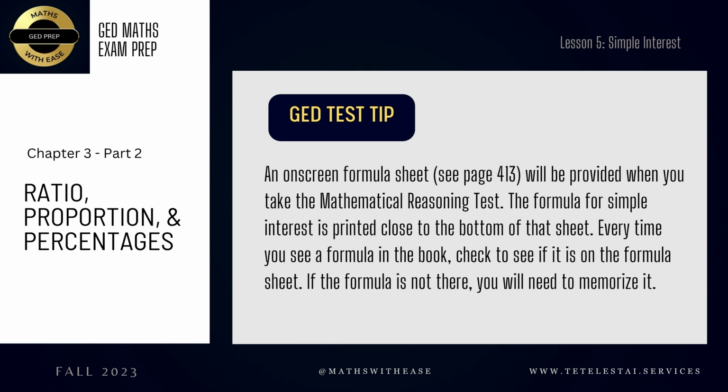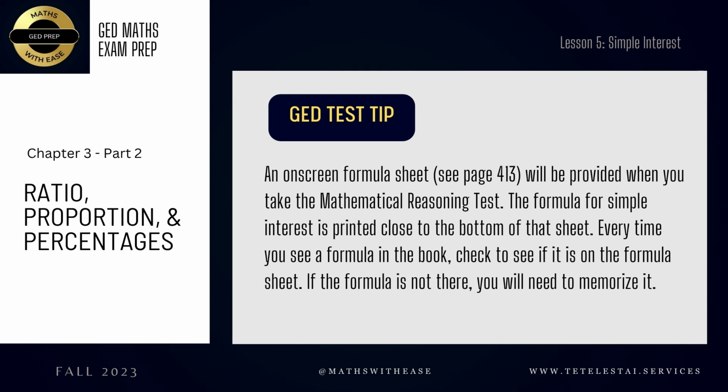As I mentioned earlier, an on-screen formula sheet will be provided to you when you take the mathematical reasoning test. The formula for simple interest is printed close to the bottom of that sheet.